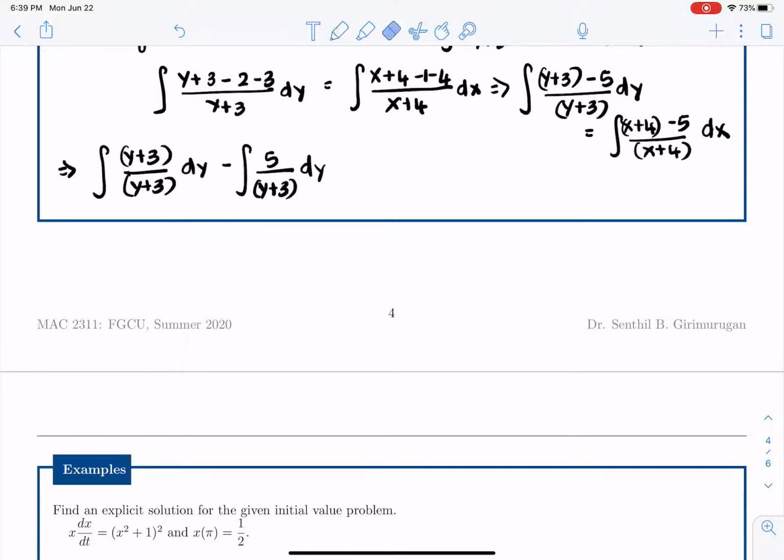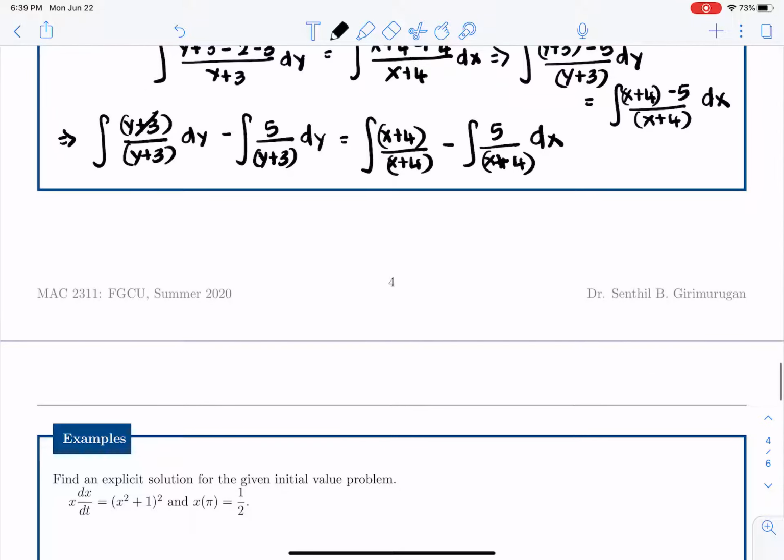So the left-hand side becomes that, and the right-hand side, in a similar manner, would become that, so that would get cancelled.